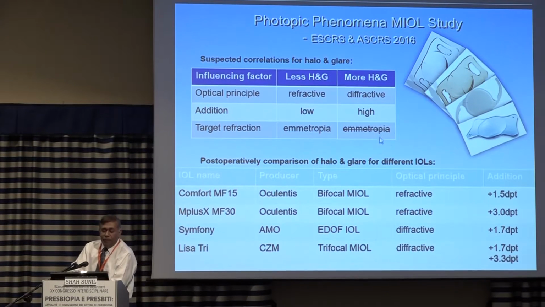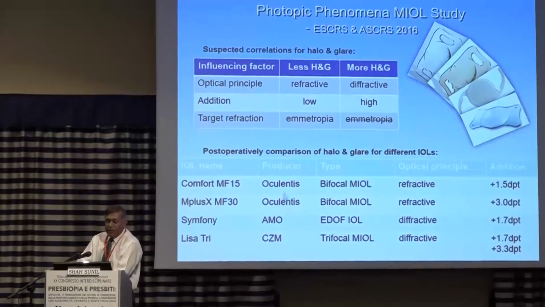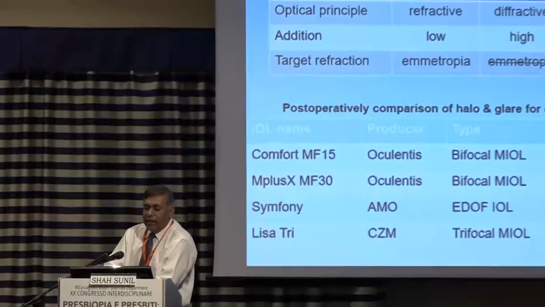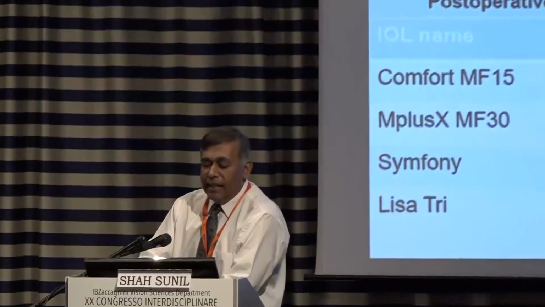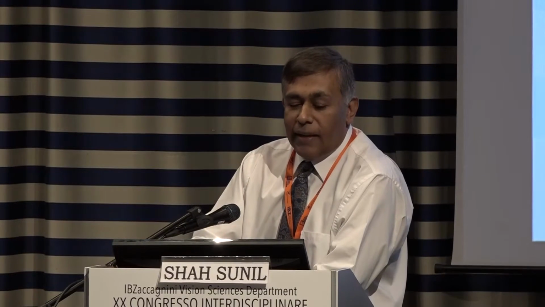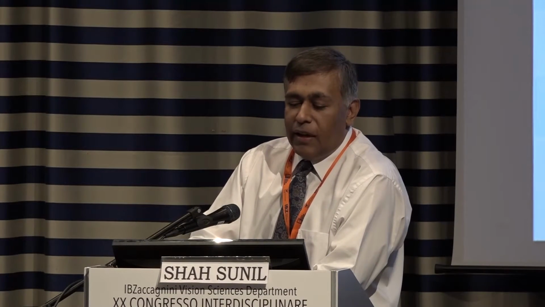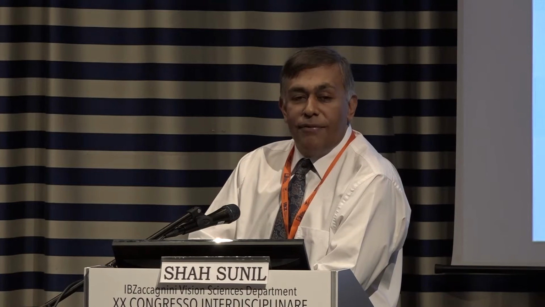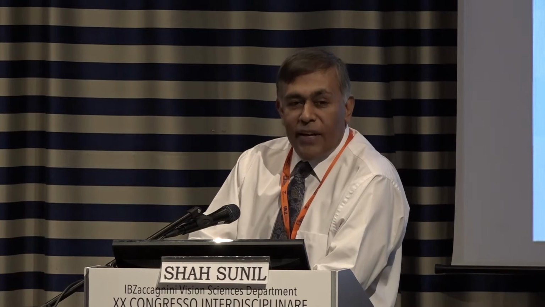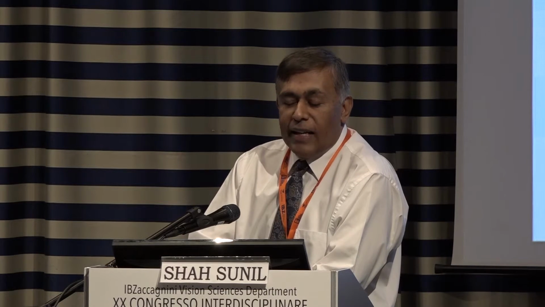If you look at some of the designs of lenses, this is the design I tend to use at the moment, which is called Oculentis M+. In this particular study, it came out that this lens produced the least halos and glare. After that, the extended depth of focus lens, the Symphony, which is a diffractive lens, had slightly more halos and glare, but the trifocal in this study had quite a lot.